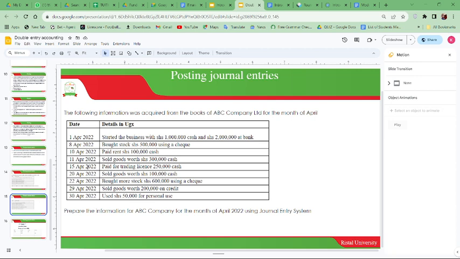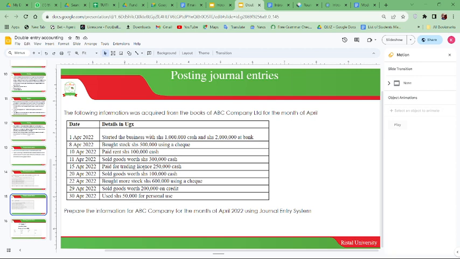So we go to 15th April 2022. Paid for trading license, cash. It means you paid for the trading license using the company's cash. A trading license is an example of an expense, so the trading license is gaining.